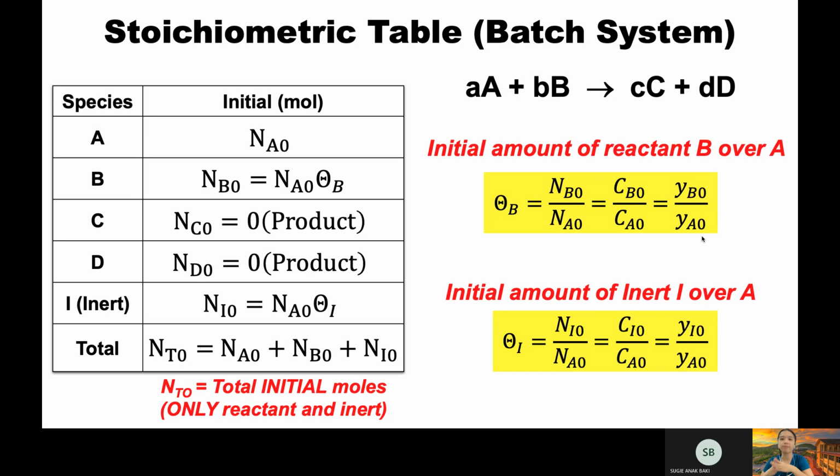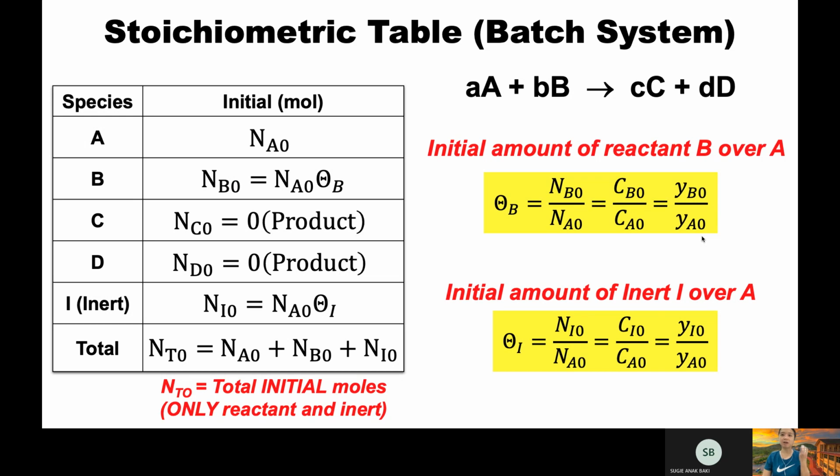Hence, theta B equals 10 molar divided by 5 molar, the initial concentration of B divided by the initial concentration of A. Basically, theta B is just the ratio of the amount of B to the amount of A. This amount can be concentration, mole fraction, or number of moles. Either way, the ratio of theta B remains the same.